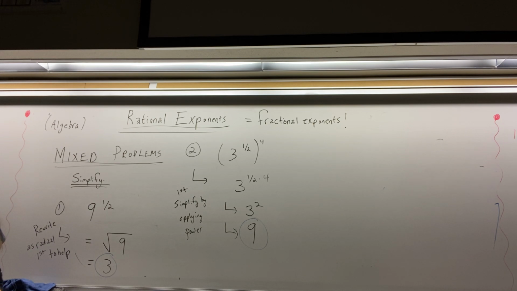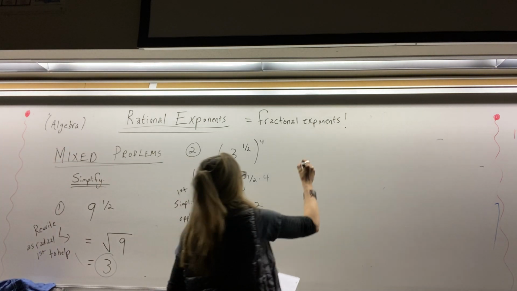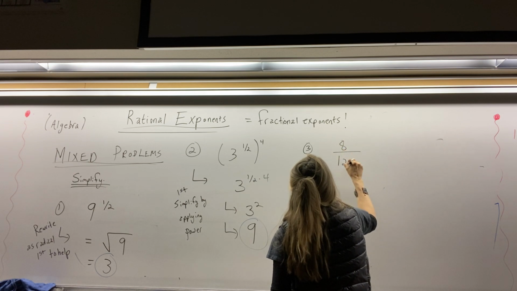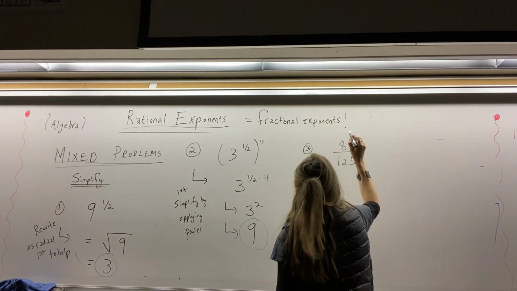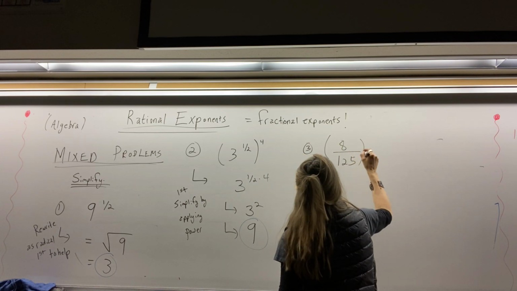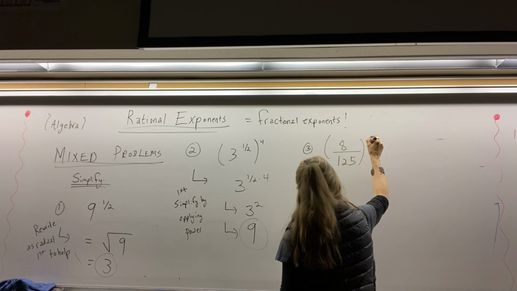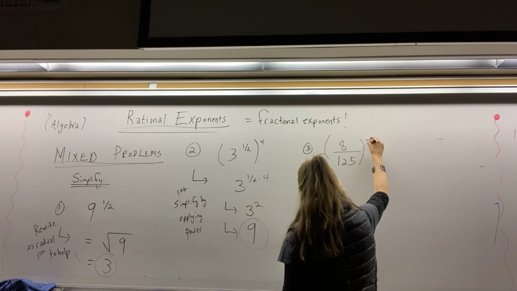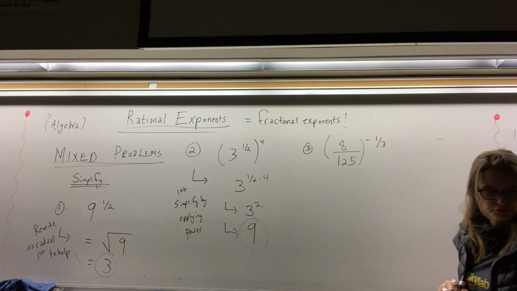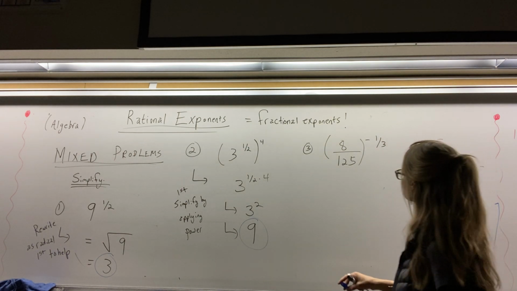Let's say we have one with a good fraction in it, like 8 over 125, and this is all to the negative 1/3 power. And there's a few tricks involved with this one.